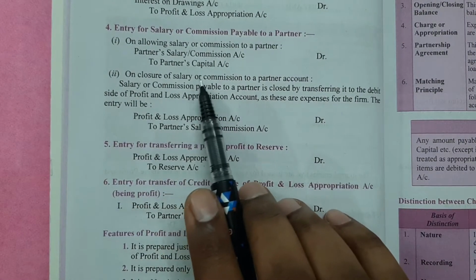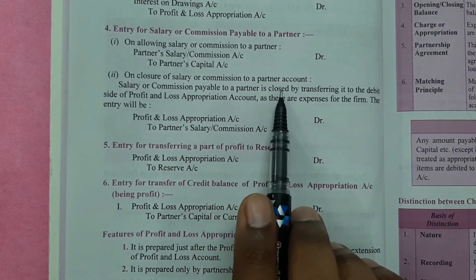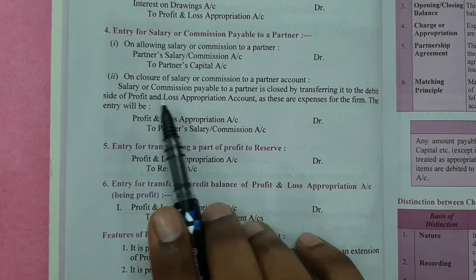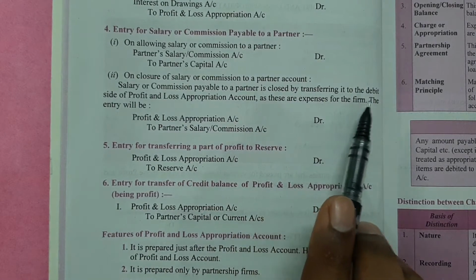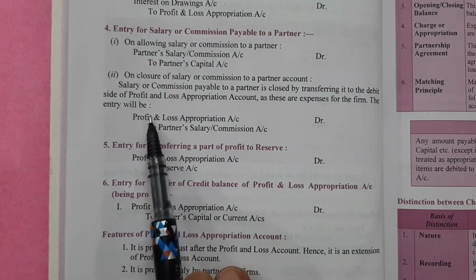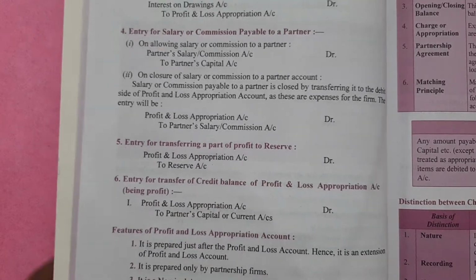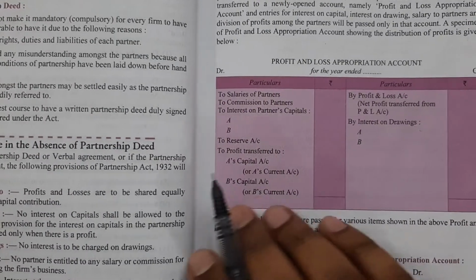On closure of salary or commission to a partner's account, salary or commission payable to a partner is closed by transferring it to the debit side of the profit and loss appropriation account. As these are expenses for the firm, the entry will be profit and loss appropriation account debited to partner's salary or commission. Now you can see, as it is an expense, it will be posted where?